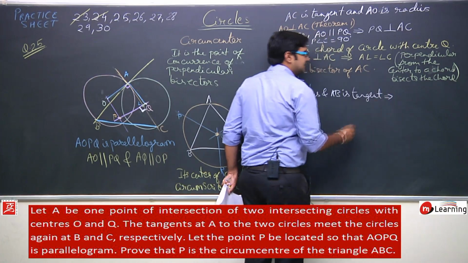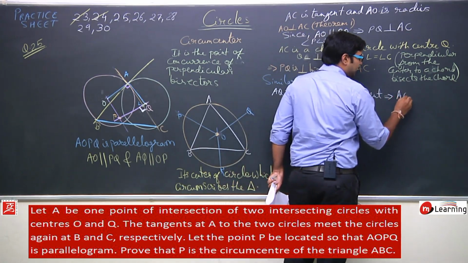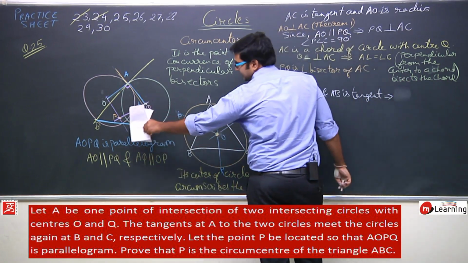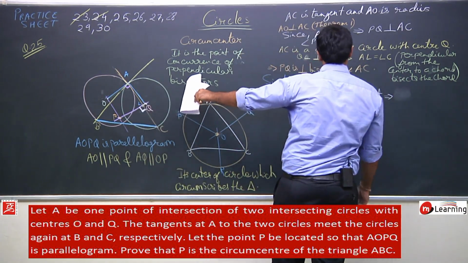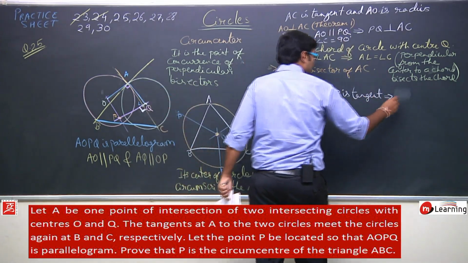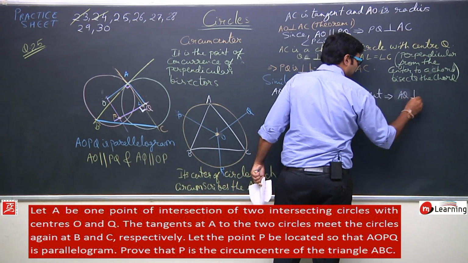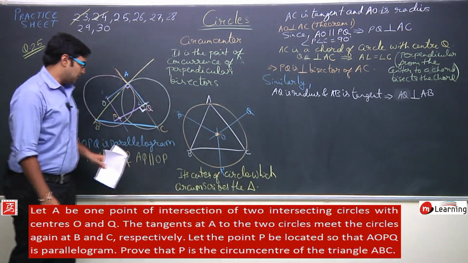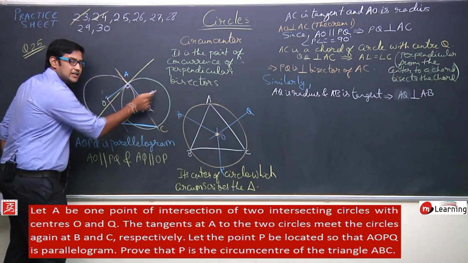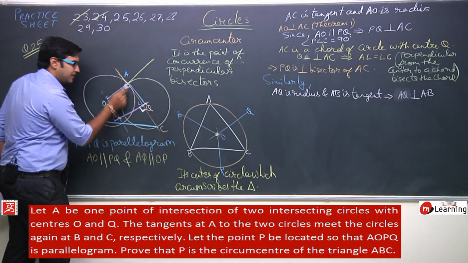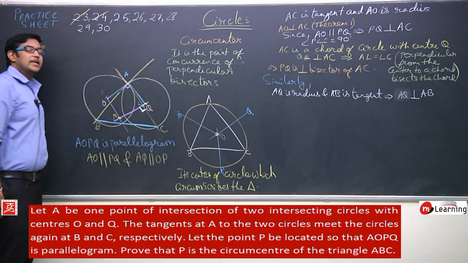I can say that AQ is perpendicular to AB. Why? Because AQ is the radius of this circle and AB is a tangent to this particular circle. That's why AQ is perpendicular to AB.